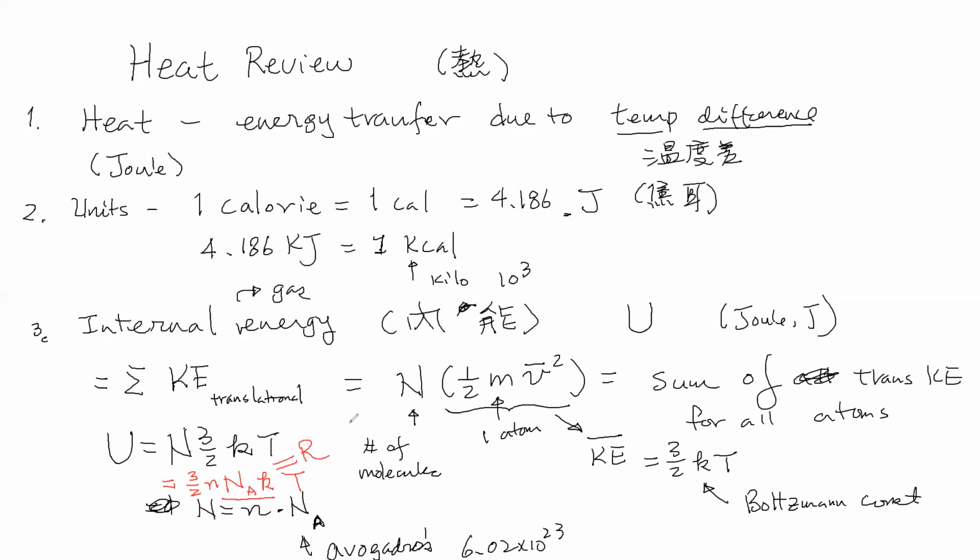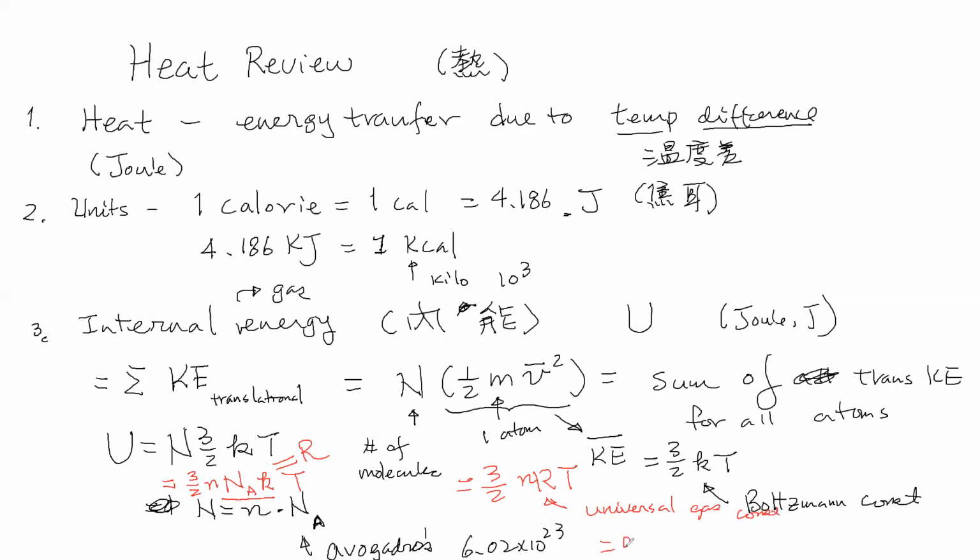So R is the universal gas constant. So then we can rewrite this as 3/2 small n R T. And this is universal gas constant.